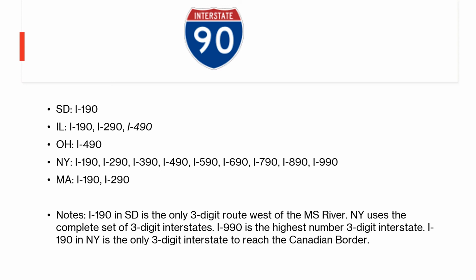And the notes I have here is I-190 in South Dakota is the only three-digit route west of the Mississippi River that is a child of I-90 west of the Mississippi River. New York uses the complete set of three-digit interstates.